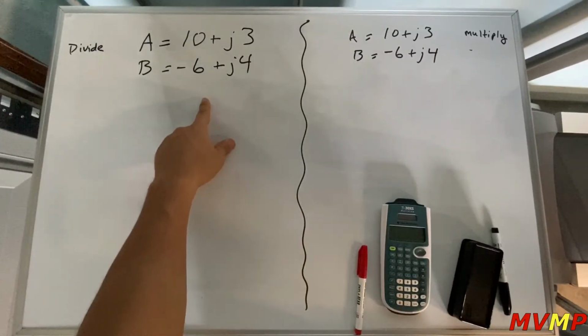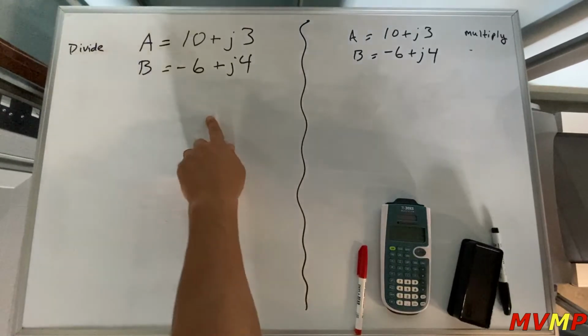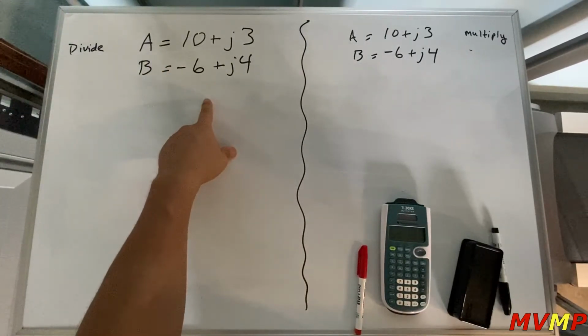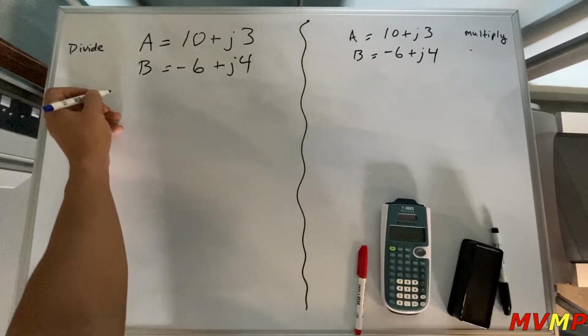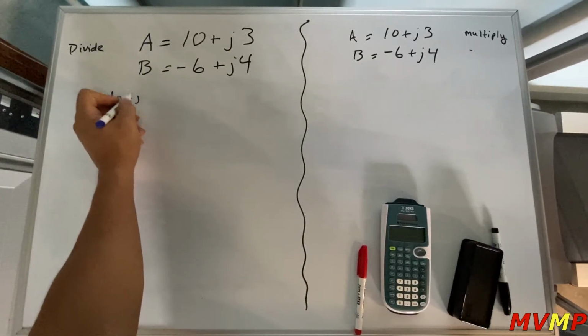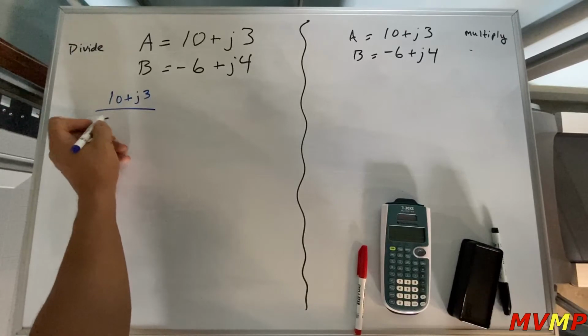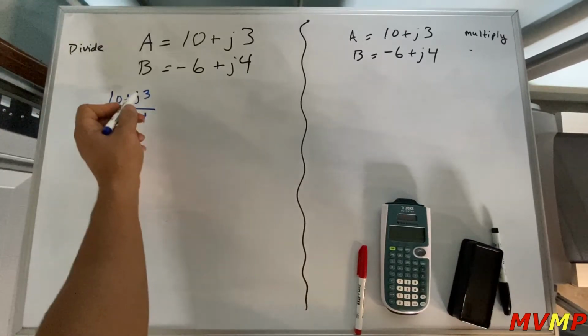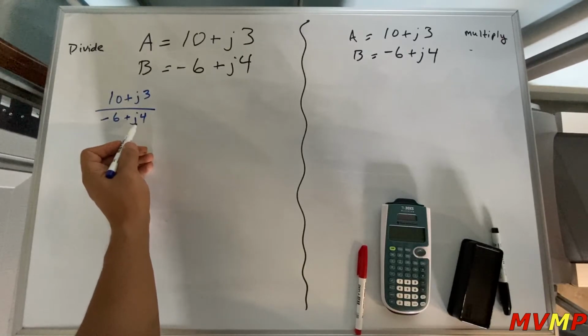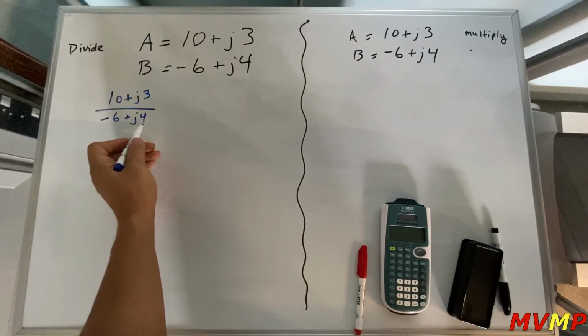So in this problem, we're given complex numbers a and b, and we are asked to divide them. So what we do is we write it out. Now, doing this by hand, to divide this, you want to rationalize the denominator.